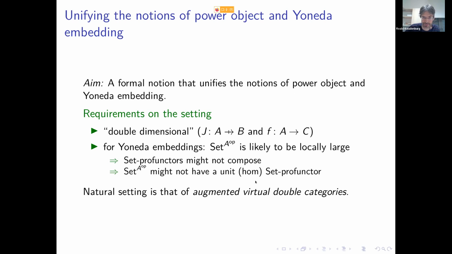Their hom sets might be large, so they won't form a small set profunctor. So we need a double categorical setting in which we cannot expect to have horizontal composites, and also we cannot expect to have horizontal units. And the natural setting is then that of augmented virtual double categories.